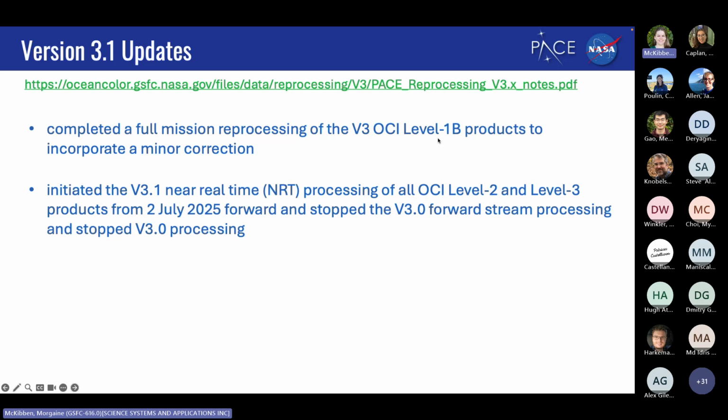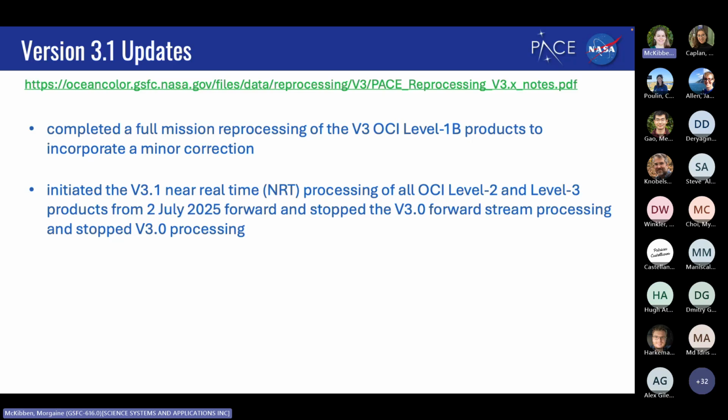Also initiated the version 3.1 near real-time processing of all of the OCI level 1 and 2 products, level 2 and 3 products from the 2nd of July forward, and then stopped the version 3 forward stream processing.